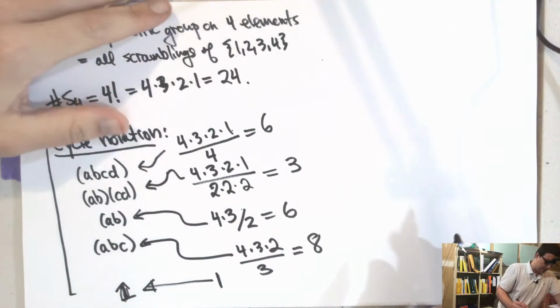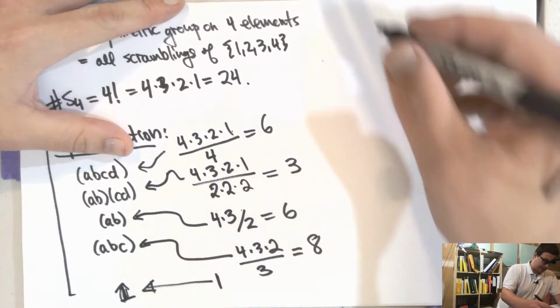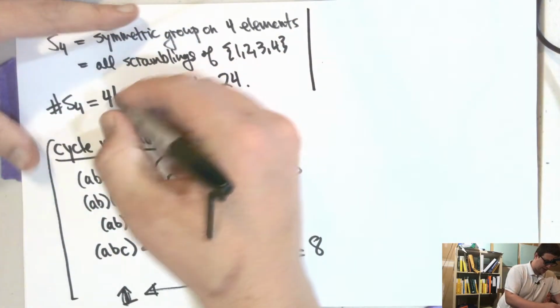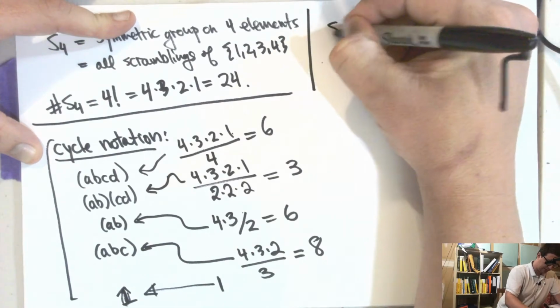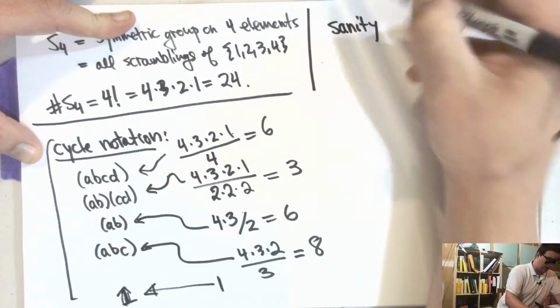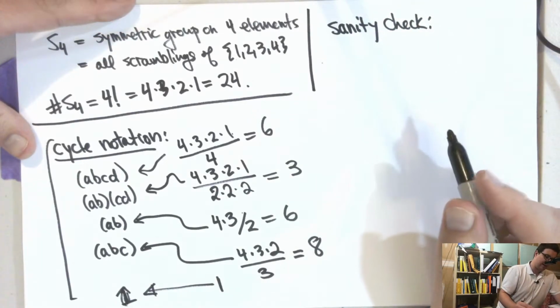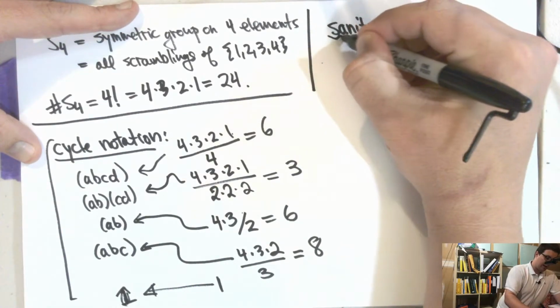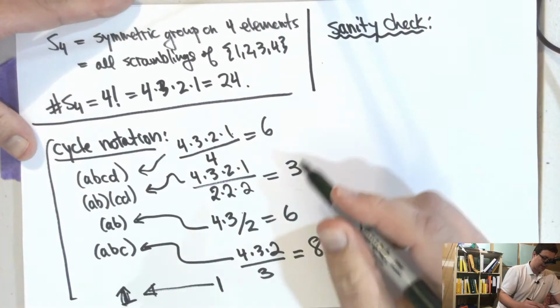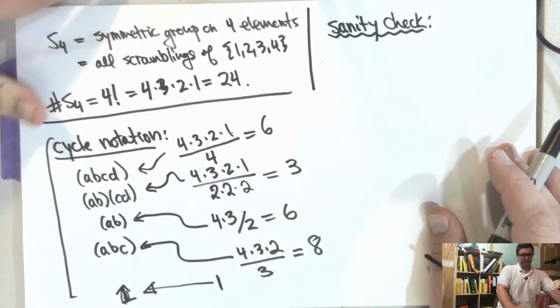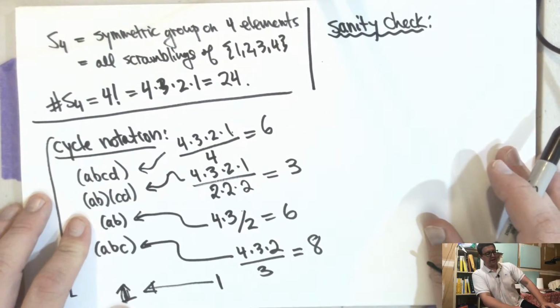Okay, so let's just do a sanity check here. If these are all the elements, then they should add to 24.